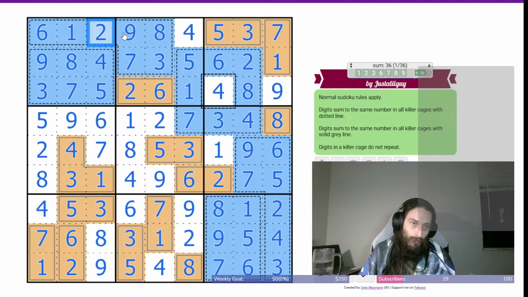So this was either 2 or 6. 1-7 here led to a 2, which made that a 6. And 1-7 here I guess made this a 6 because this was the 1. And it was, I don't remember.